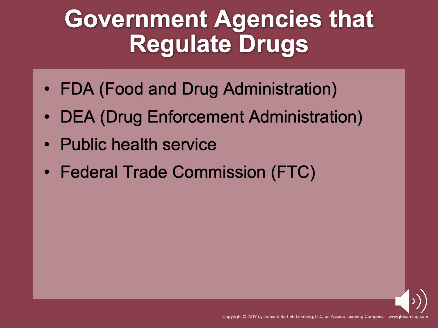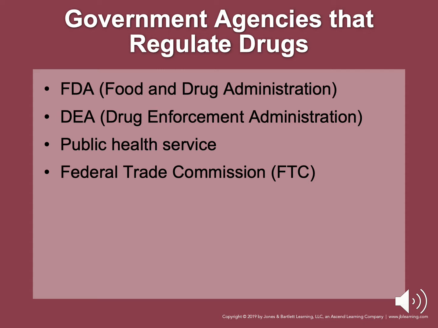The DEA executes provisions of the Controlled Substances Act and includes registration of physicians who are permitted to dispense controlled substances. The Public Health Service regulates biological products, including antitoxins and vaccines. The Federal Trade Commission monitors drug advertising to ensure it is not misleading or inappropriate.